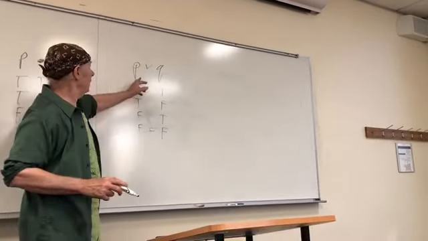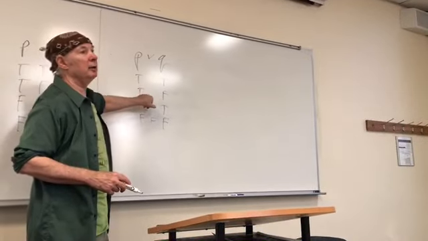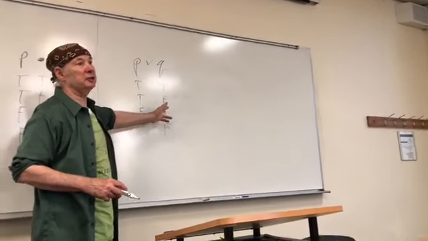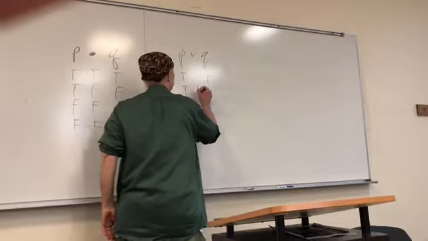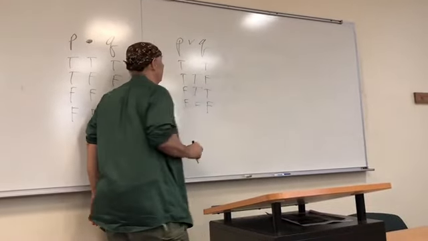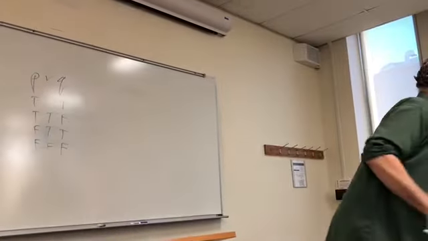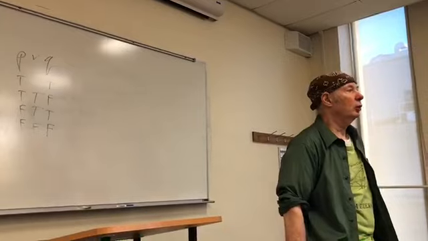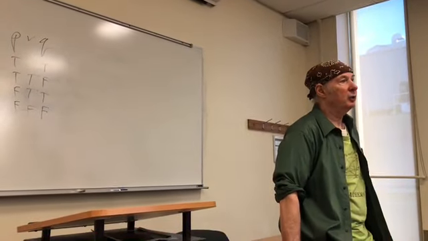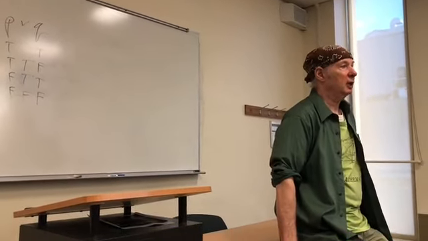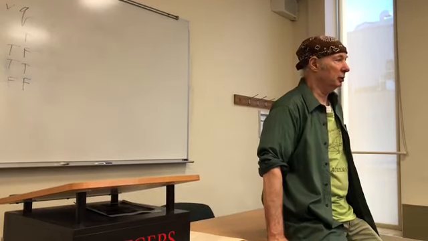And if you say P or Q, and one but not both are true, you've still said something true in English. But now comes the problem with the first row. There are uses of the word or in English under which it's meaningless to say P or Q when both P and Q are true.